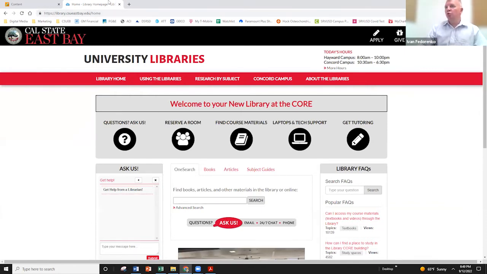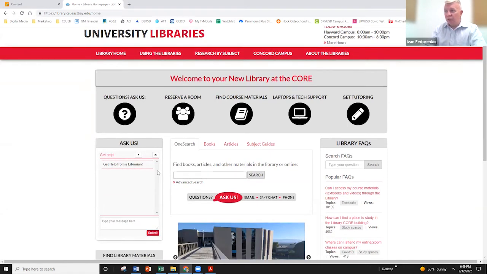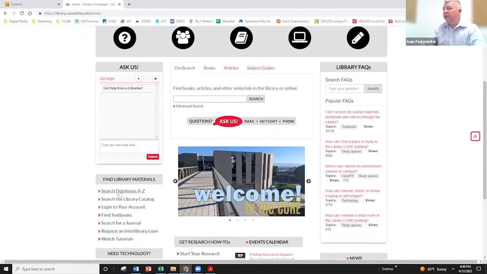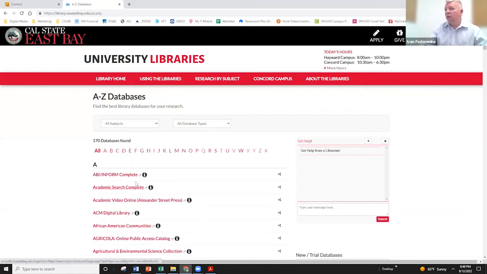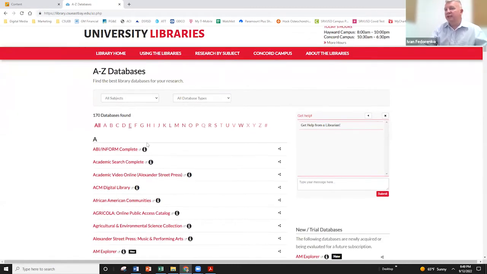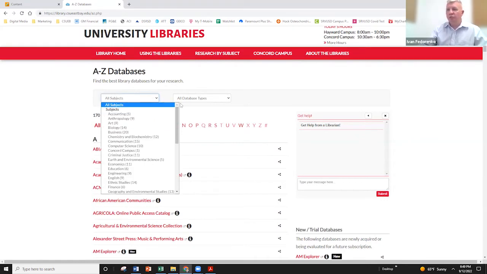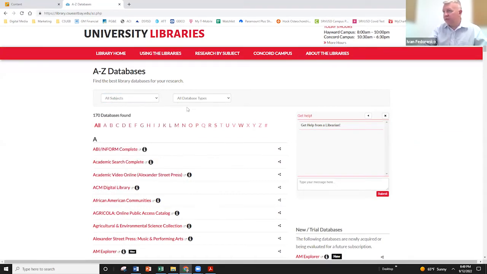Okay, so you go to the Cal State East Bay Library website, and you see a link to databases, called Databases A to Z. When you click on it, it lists all the databases, by default sorted alphabetically, but you can sort by subject and look specifically for marketing or financial databases.